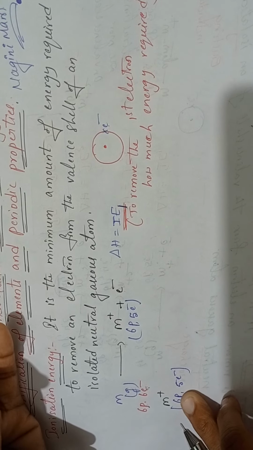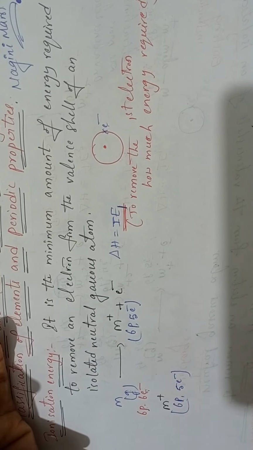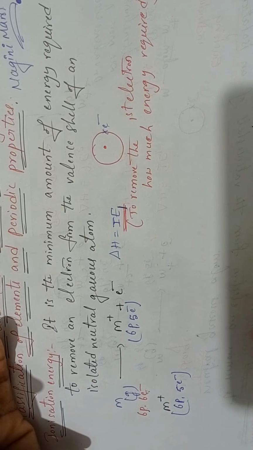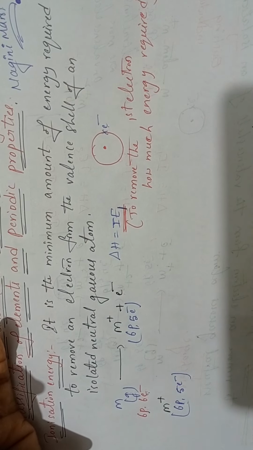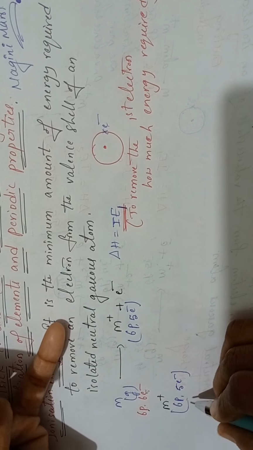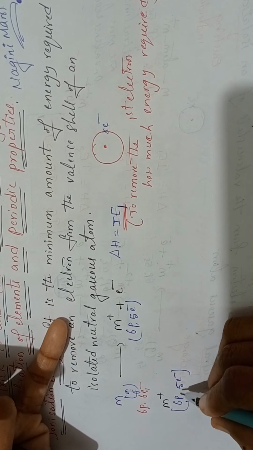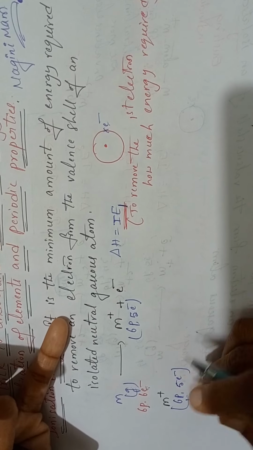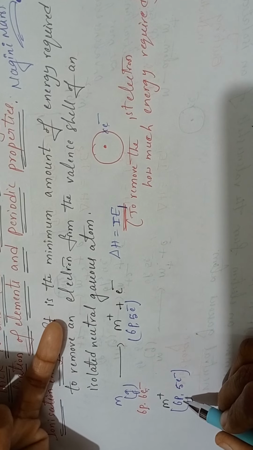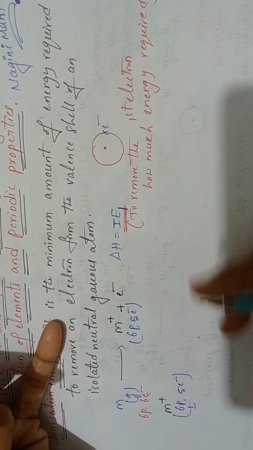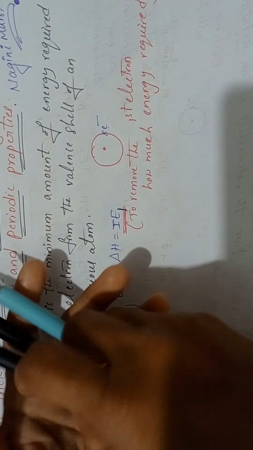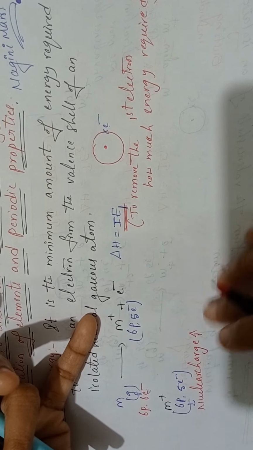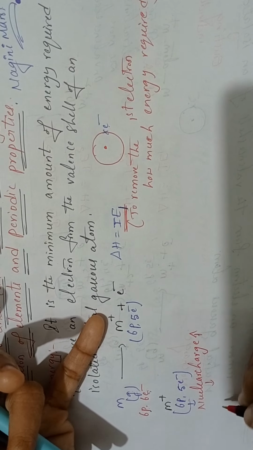Protons are present in the nucleus, so nuclear charge is more, so nuclear attractions are more. Are you clear? 6 protons, 5 electrons, electrons are fewer, protons number is more. So protons number is more means nuclear charge is more. So whenever nuclear charge is more, then what will happen?